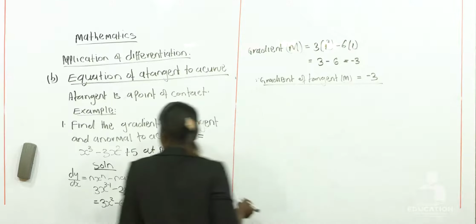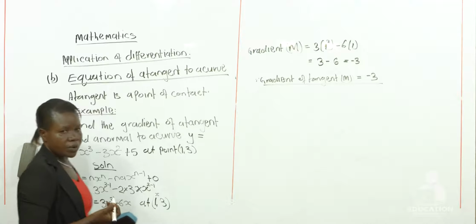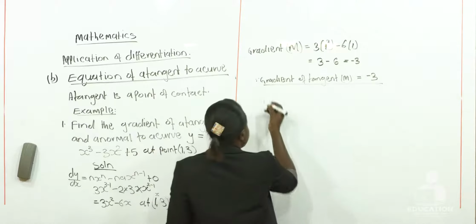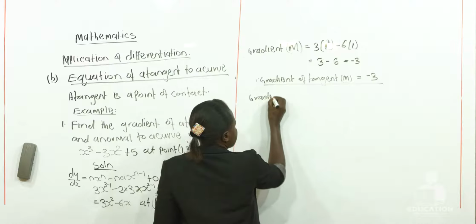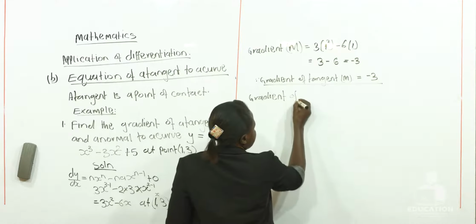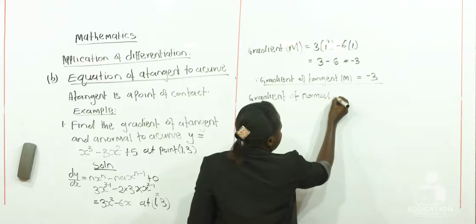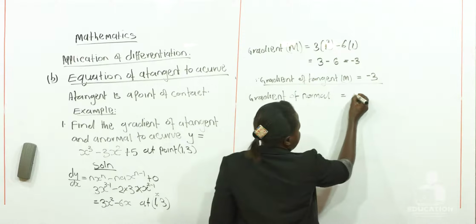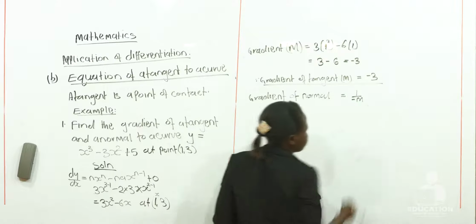And then we also find the gradient of the normal. So the gradient of a normal is given as 1 over negative m.